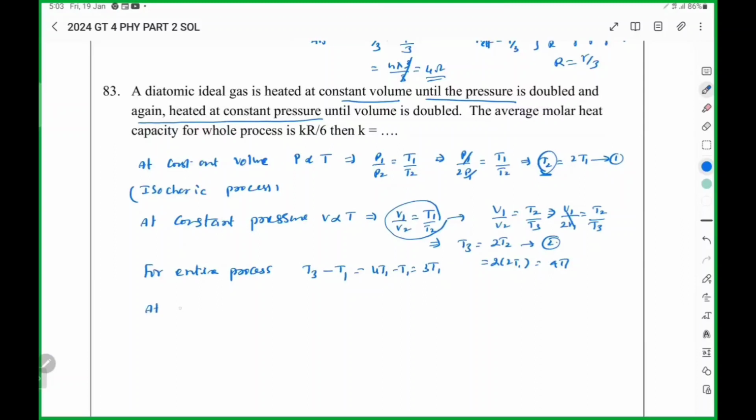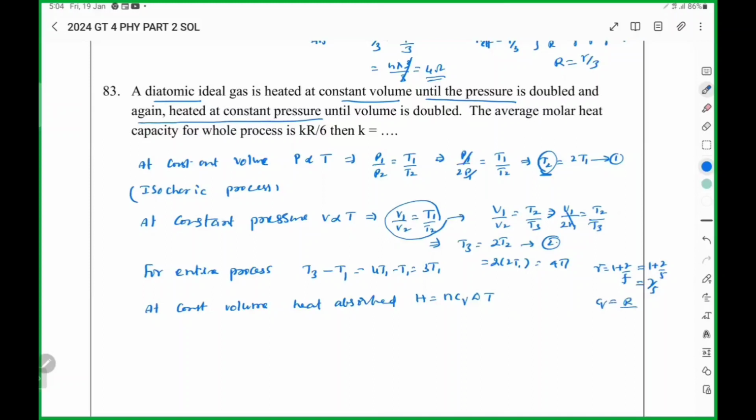At constant volume, heat absorbed is n Cv delta T. For diatomic, gamma is 1 plus 2 by f, and for diatomic the degrees of freedom is 5.